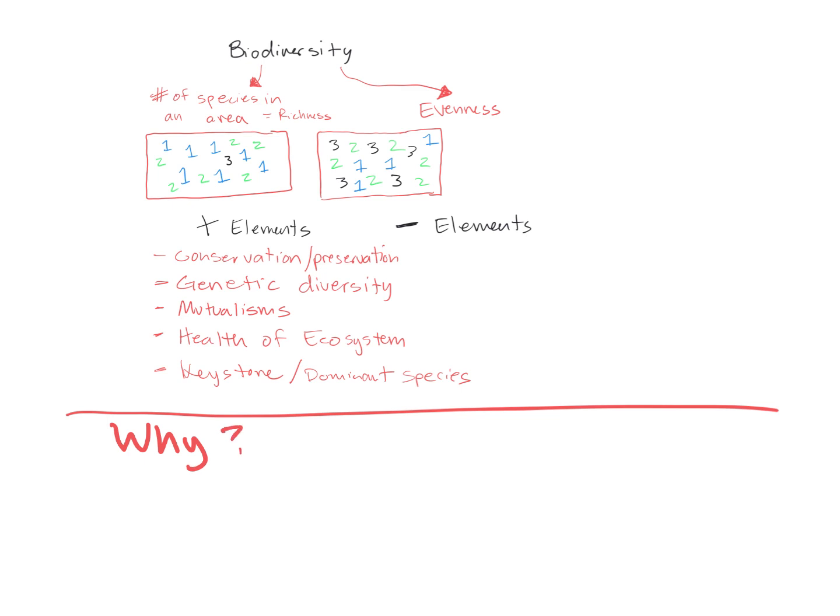Why do we care about biodiversity? Or why should we maintain a certain level of biodiversity? Discuss this with your neighbor. Right? Why don't we just make everything farms? And that'll give us the food that we need. Discuss. Intermingle.